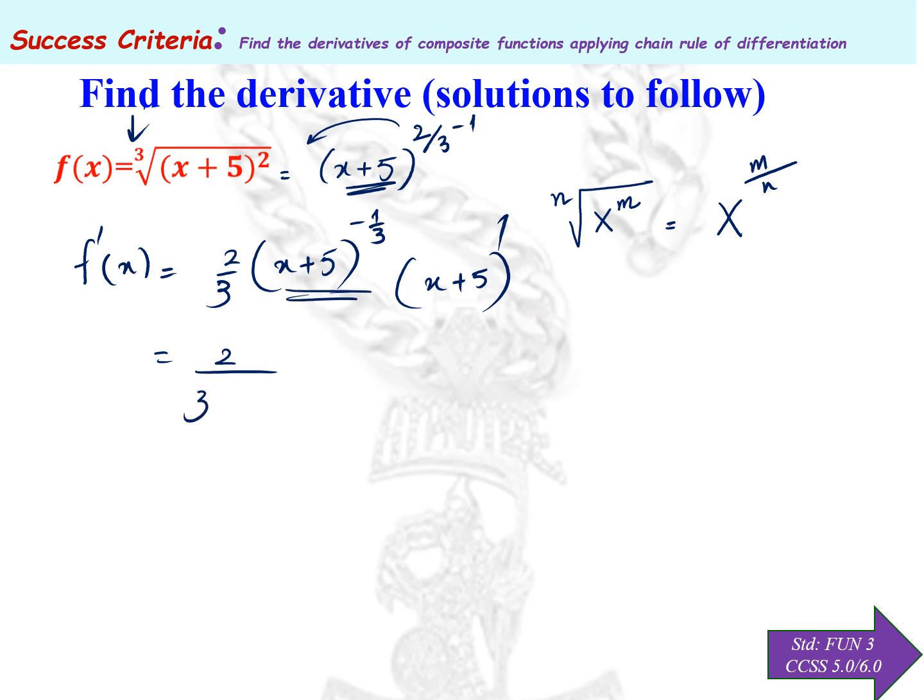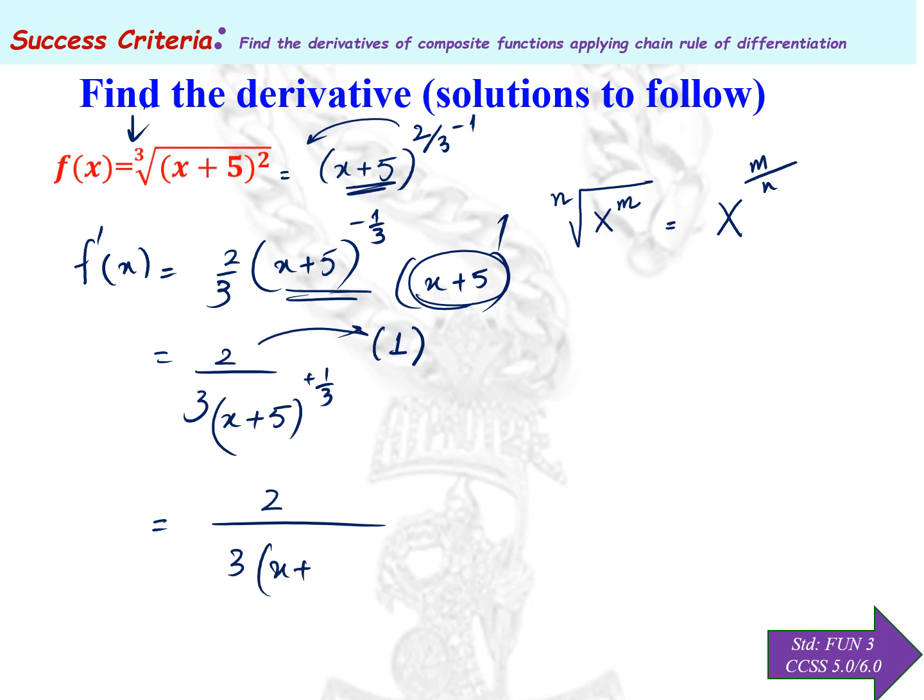Bring this down to convert the negative power into positive power, 1 over 3. Now the derivative of x is 1. The derivative of 5 is 0. Now simplify, 2 times 1 is 2 over 3, and the rest you copy down.